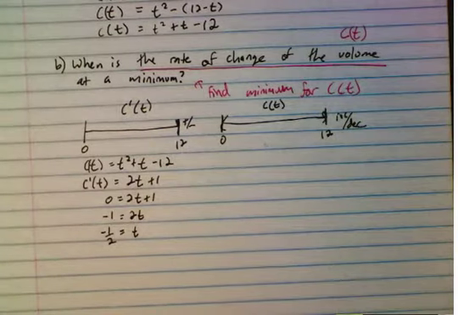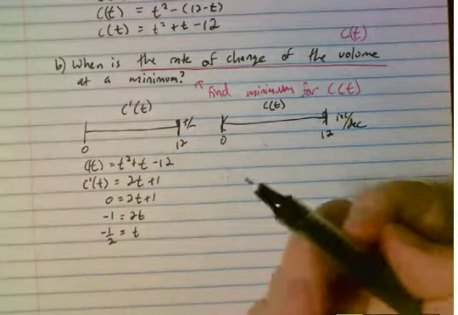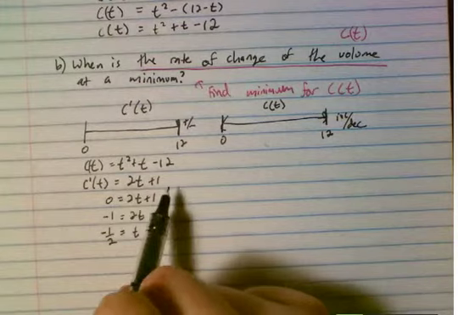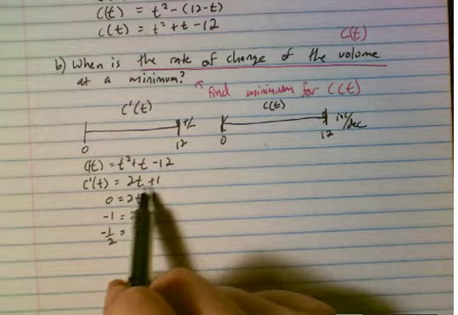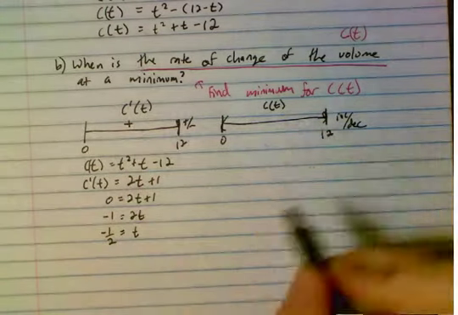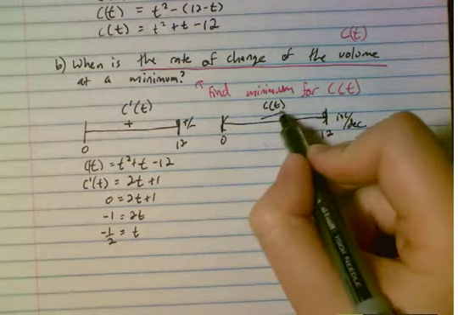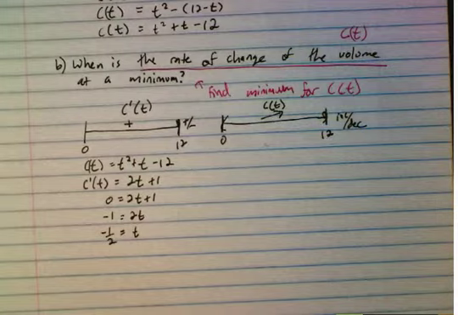It never occurs because we can't have a negative time. So that means this whole interval is just one big thing. If t is bigger than 0, so let's say t is 1, 2 times 1 plus 1 is going to be a positive. So C prime of t is always positive, so C of t is always increasing.